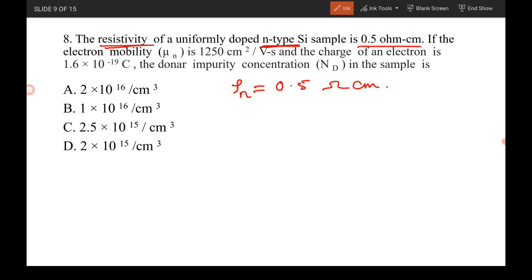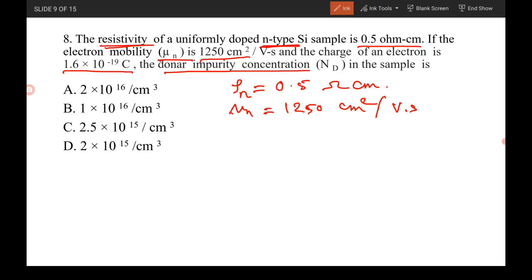The electron mobility mu n is given as 1250 centimeter square per volt second. And the charge of an electron is given, which is 1.6 into 10 to the power minus 19. We have to find the donor impurity concentration, that is Nd, in the sample.